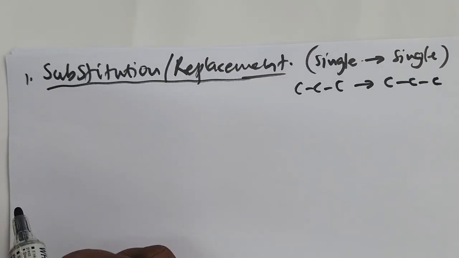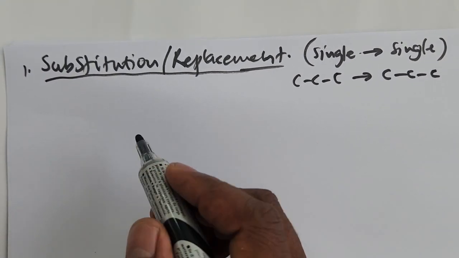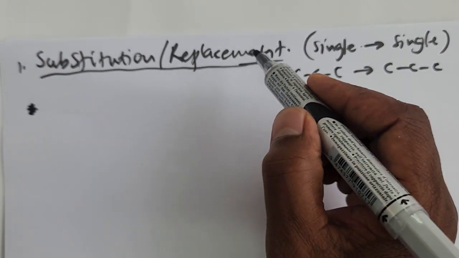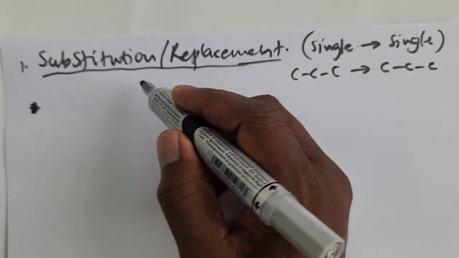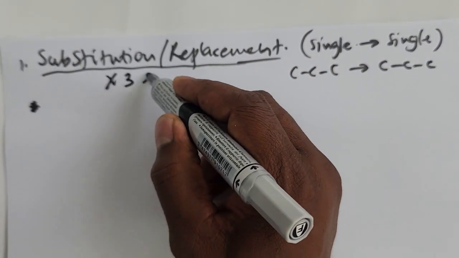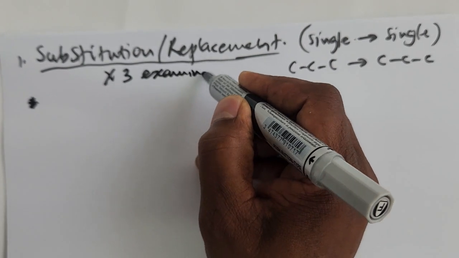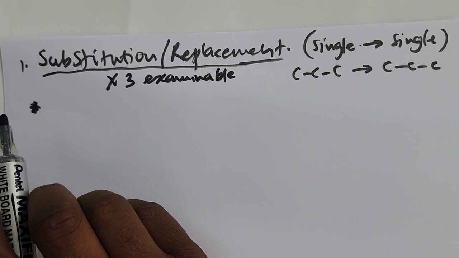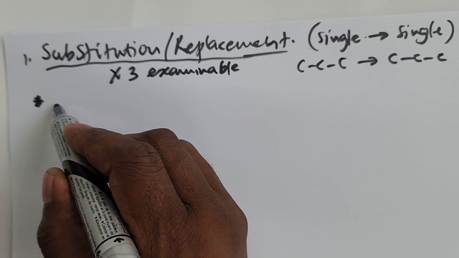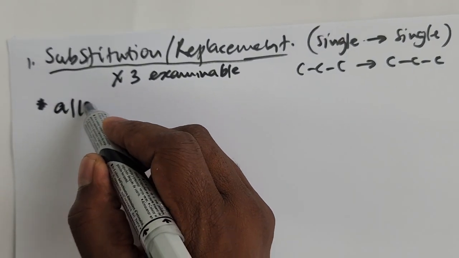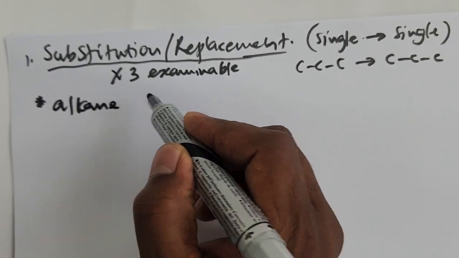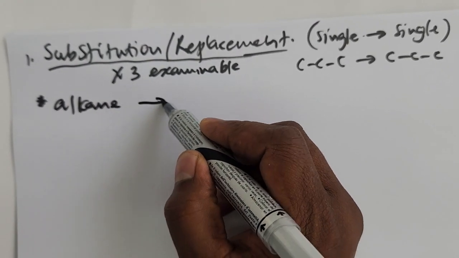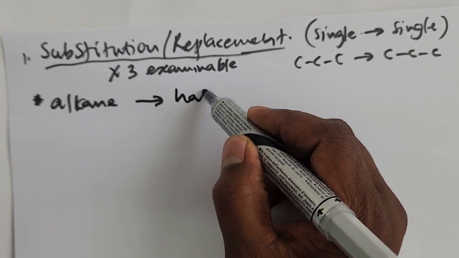So what are those reactions? We'll be having three most important reactions. In substitution, there are only three examinable reactions. Alkanes can undergo substitution reactions, and they can form haloalkanes.